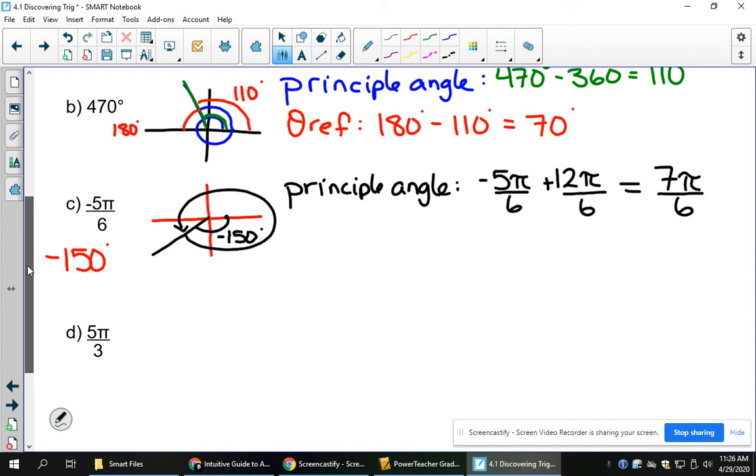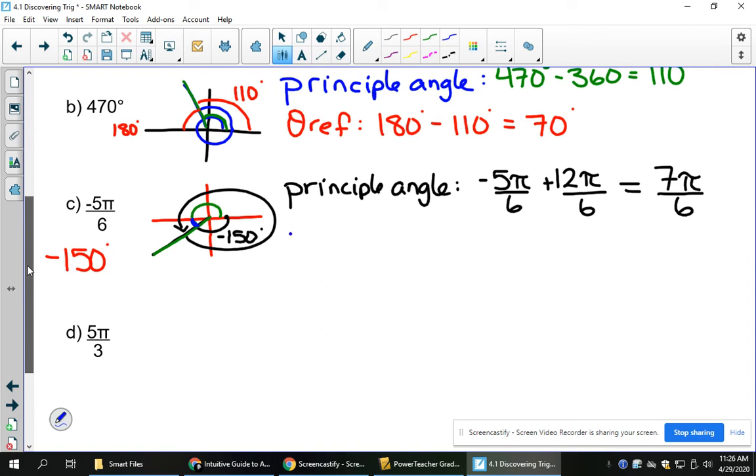Now let's think about what we've got here. We've got our angle at 7 pi over 6, our principal angle. And we want to find the reference angle. I'm running out of colors, man. That goes back to the nearest x-axis, just that tiny little blue angle.